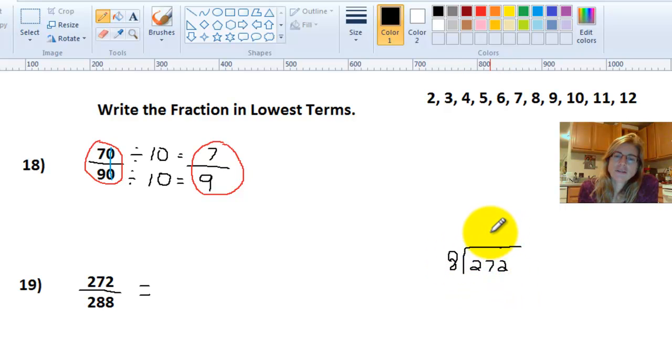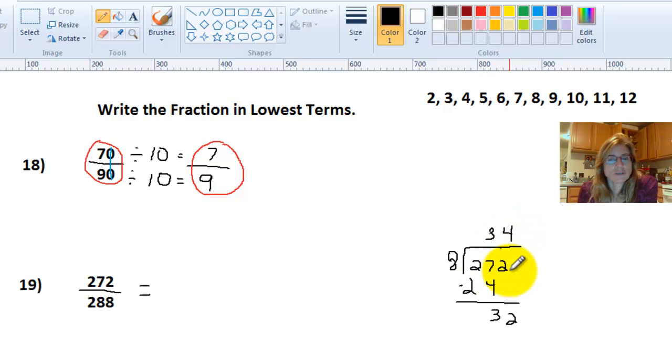So 8 times 3 is 24. 27 minus 24 is 3, and that's 32. So far that's good. 34 times 8 is 272. And let's see, does 8 go into 288? 8 into 28.